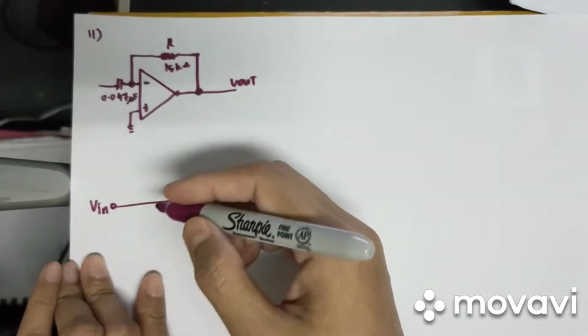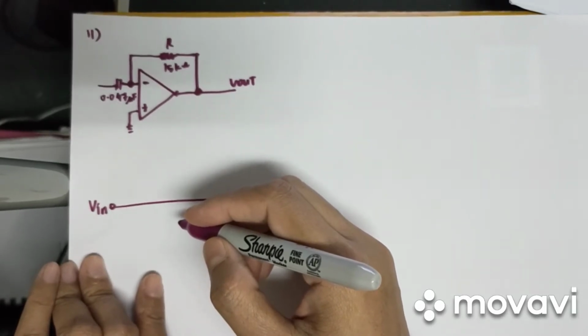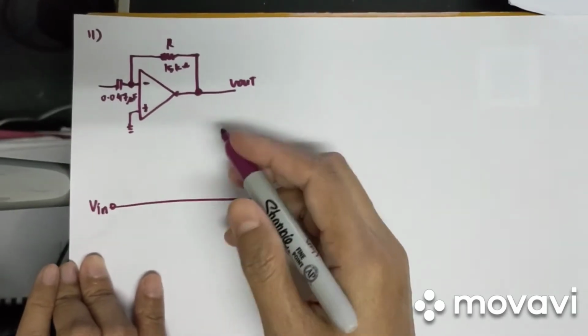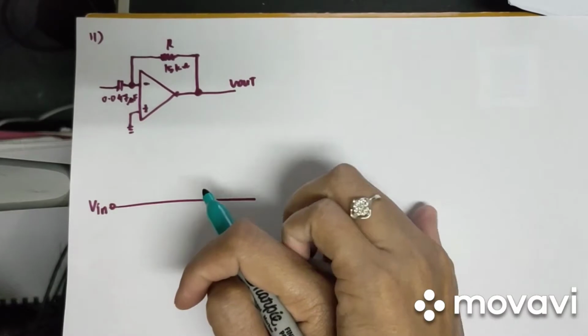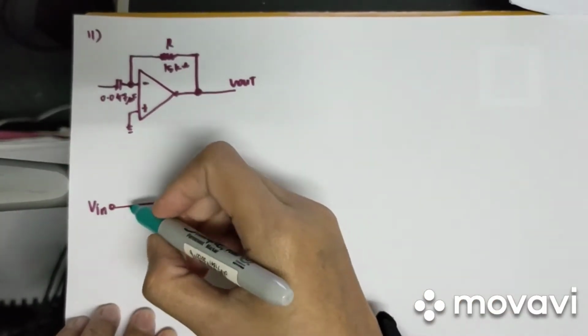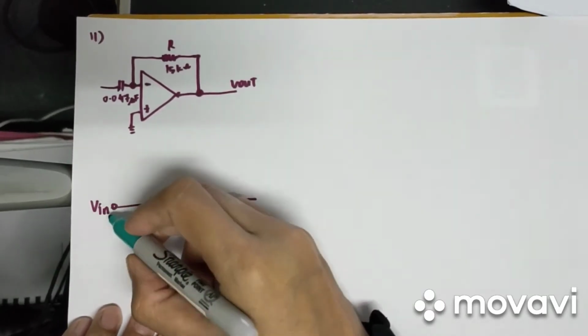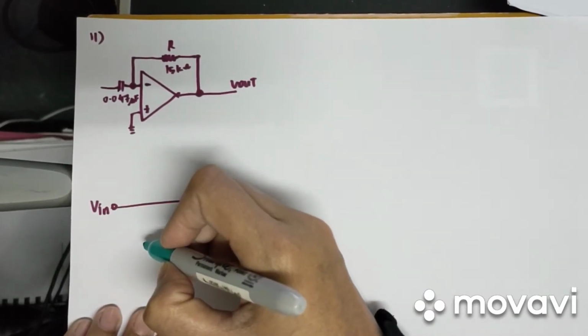Now, it is said that a triangular waveform with a peak-to-peak voltage of 2 volt. We know that for a differentiator, the input is in triangular form, so V in is triangular, and the peak-to-peak voltage is 2 volt.